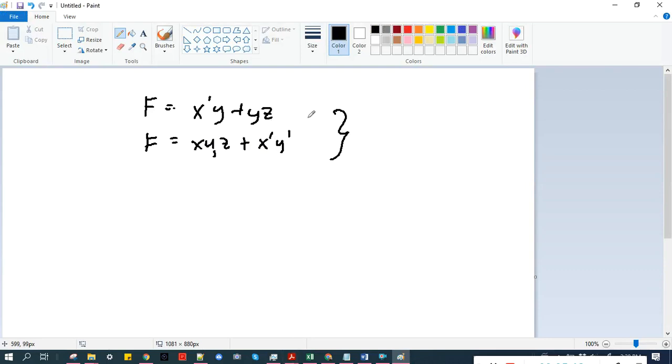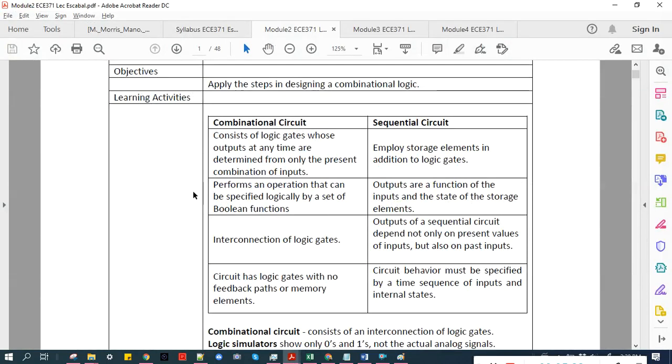If we try to draw the logic diagram equivalent of these Boolean functions, the resulting logic diagrams are combinational circuits. No storage elements, so they are not sequential circuits.